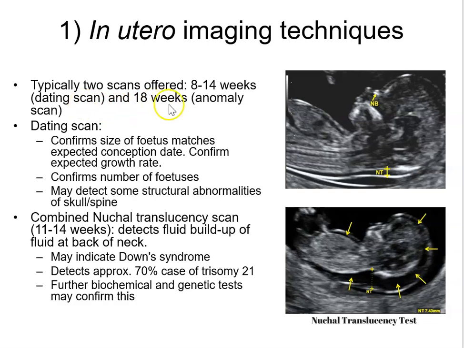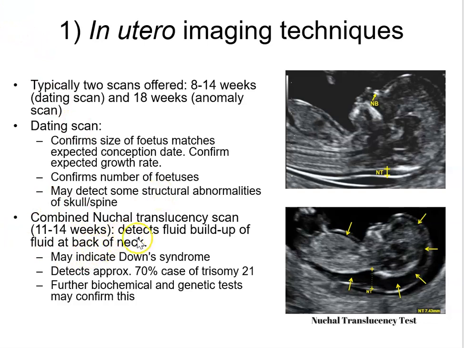The anomaly scan is primarily looking for things like Down syndrome, but looking at the dating scan, we want to know the likely date of conception, and based on the size of the fetus that can be reasonably accurately calculated. It can confirm the number of fetuses, and it can confirm some major structural abnormalities of the skull and the spine.